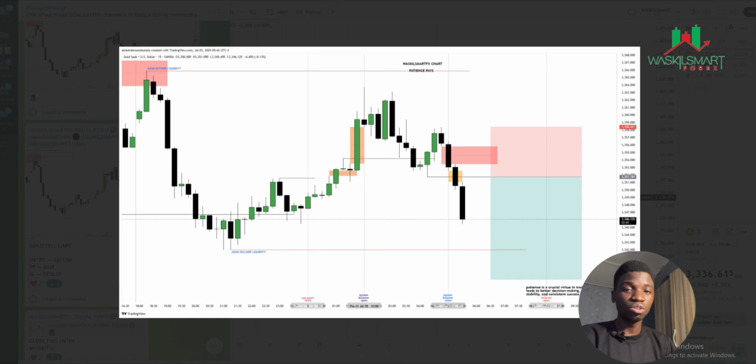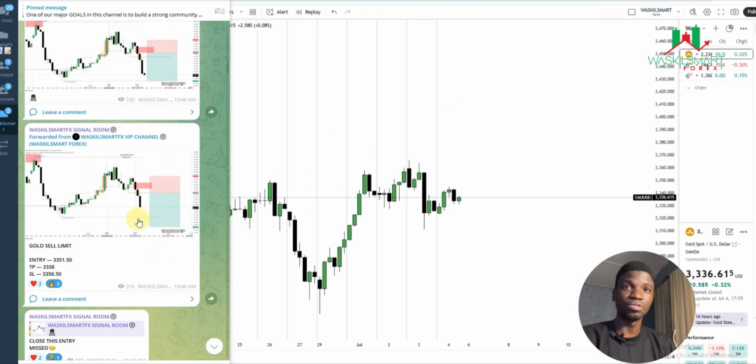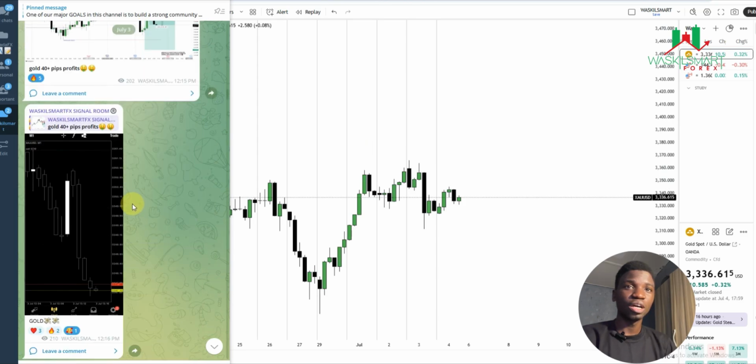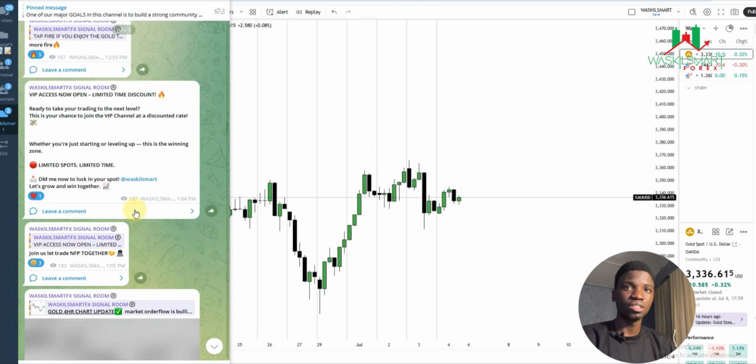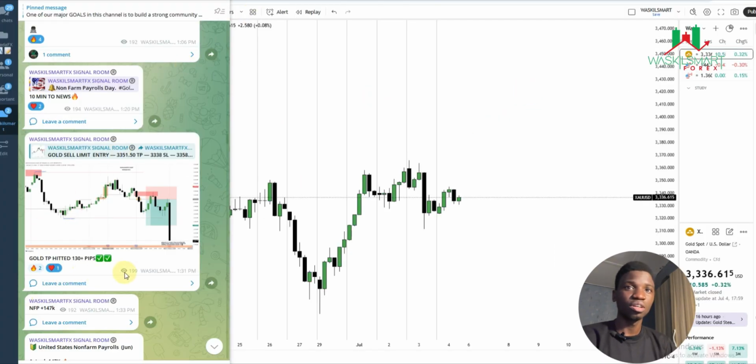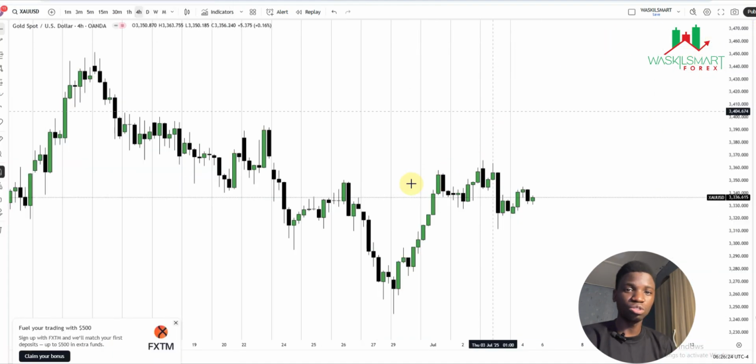They don't have draw on liquidity, they don't have narratives, so they feel like they don't see the trade. But this particular one is very visible for everyone to see. The end result here is 130 pips. So let's look at the chart and see why we took the trade.